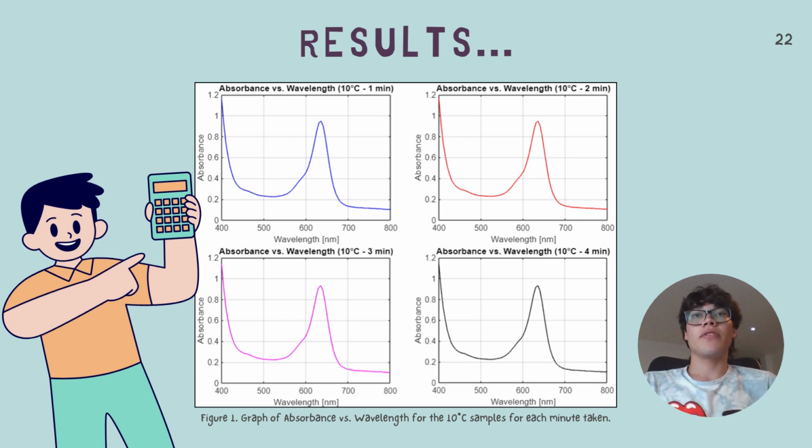These ones are for the system at 10 Celsius degrees. And we can see that in every graph there is a tendency around 650 nanometers in wavelength, where the absorbance is at its maximum. And this is the point that we're going to analyze later.